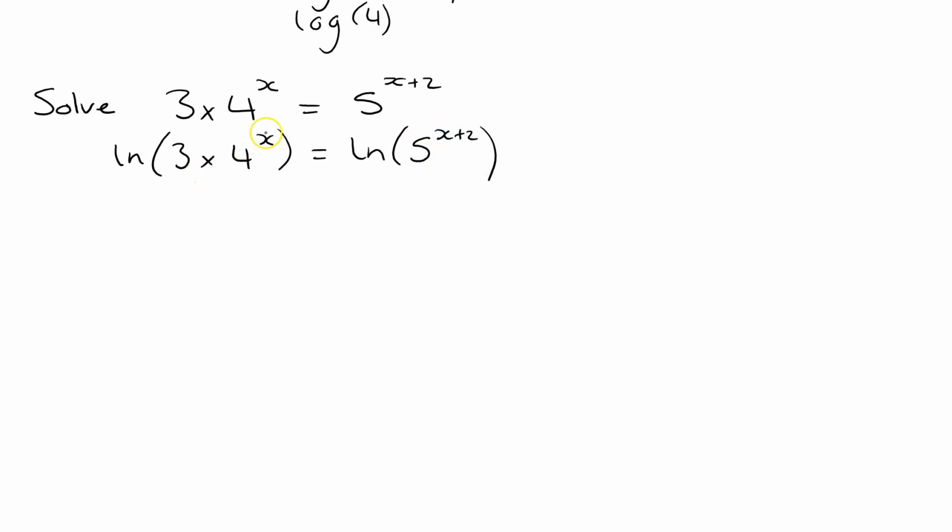Now you can't drop the power off this 4 yet. It would have to be on both of them. What you've got to do is tidy this up so you've got ln of just one thing. And it can't be 12 to the x. If you've got a multiply inside your logarithm, you can split it using a plus sign.